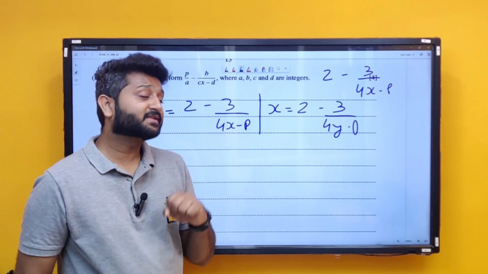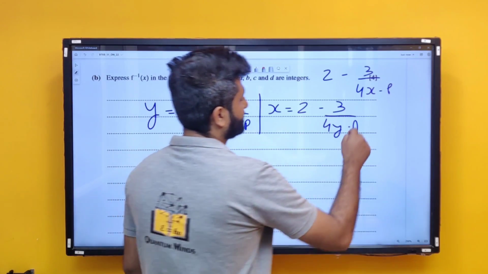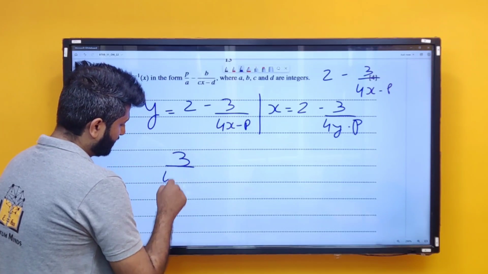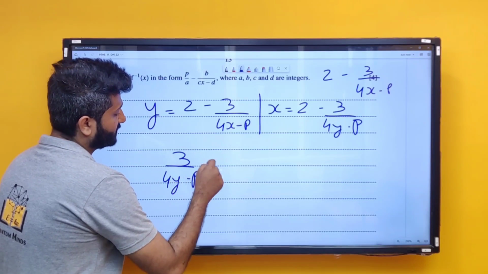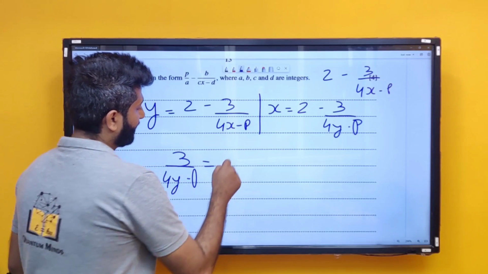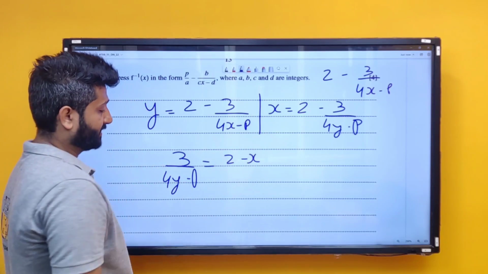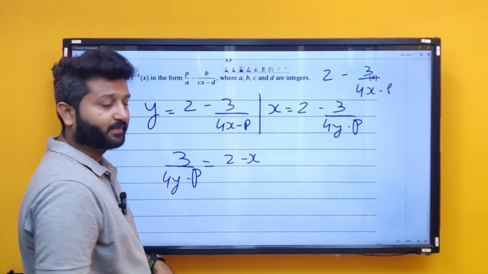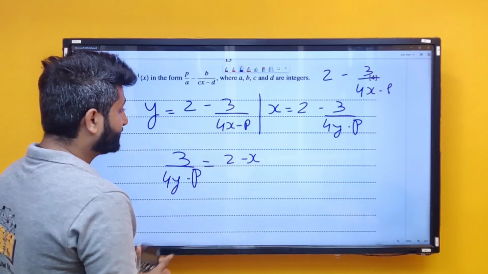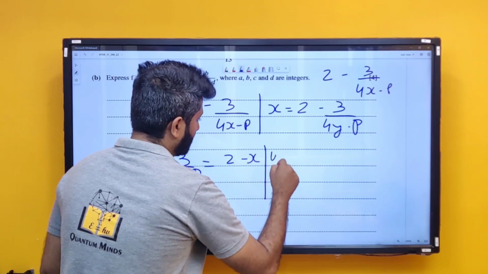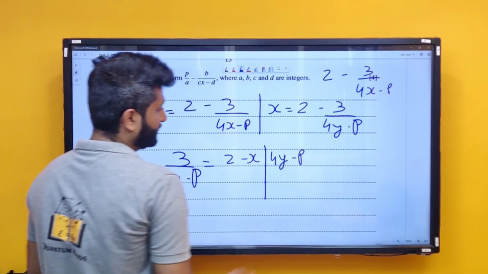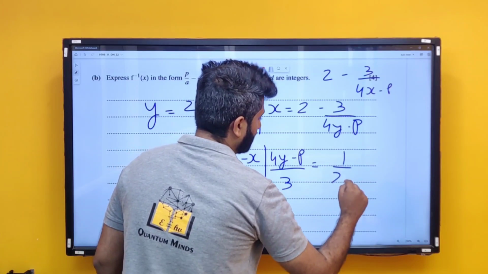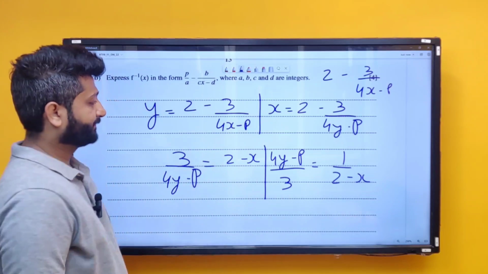Now I'll have to make y the subject. So let me bring everything on the left hand side. So you have 3 upon 4y minus p equals 2 minus x. Let me take the reciprocal of this equation. So we have 4y minus p upon 3 equals 1 upon 2 minus x. So 4y minus p equals 3 upon 2 minus x.